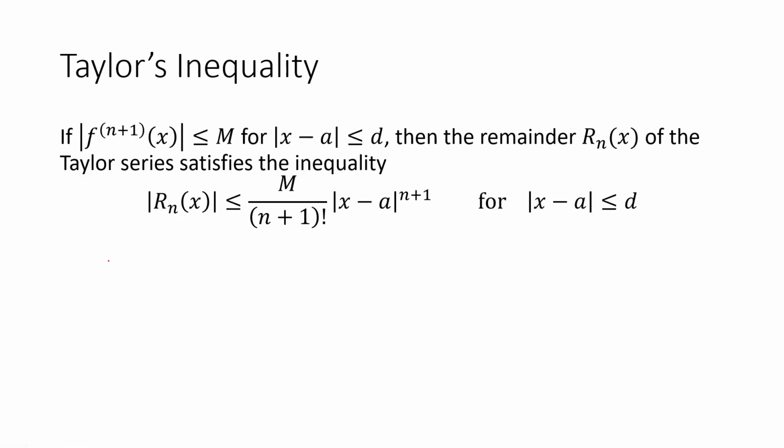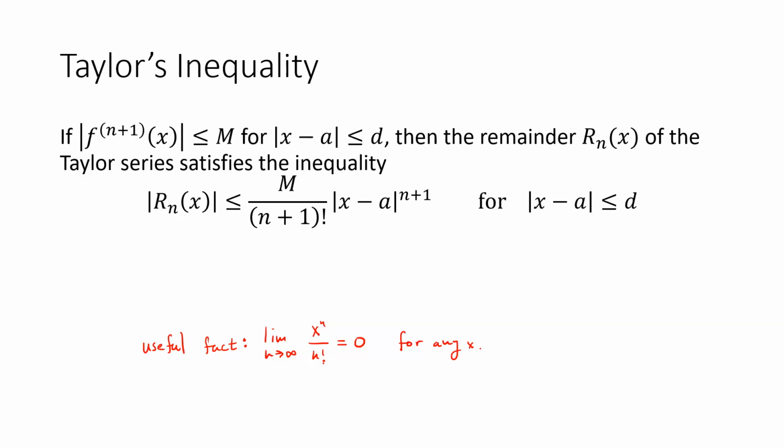So when we're using Taylor's inequality, one useful fact that will come in handy is if I'm taking the limit as n goes to infinity of x to the n over n factorial, this will always equal 0 for any x.